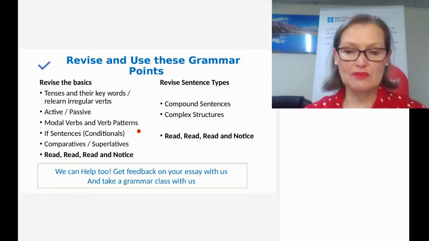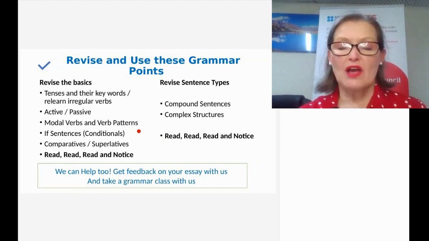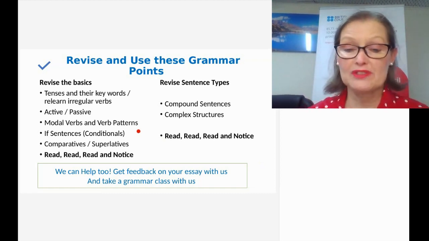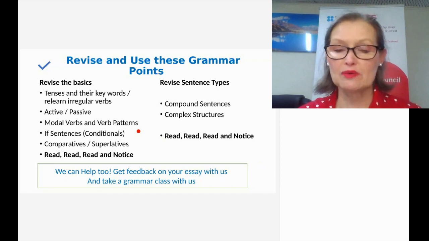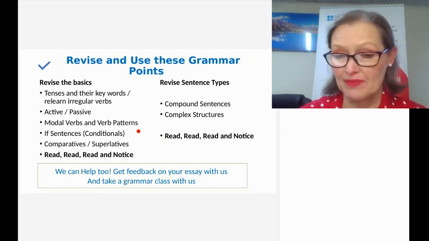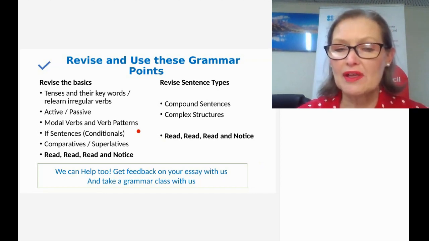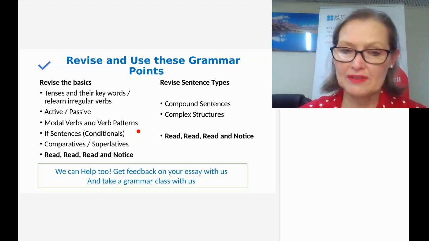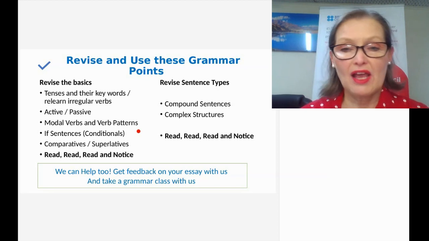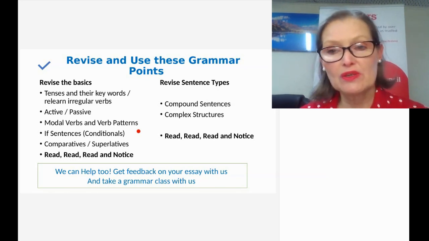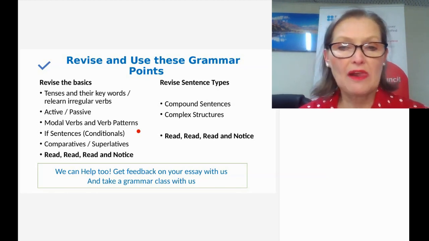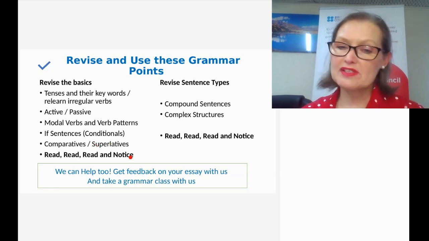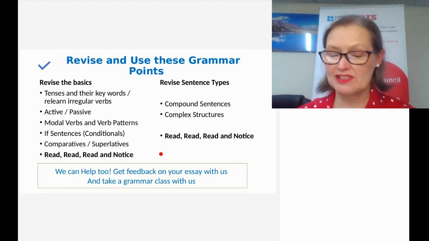So do revise this grammar, revise the tenses, especially those irregular verbs, and know the key words around the meanings. Because remember that this writing is also what I need for my speaking. And my writing part 2 translates into my speaking part 3. So they're very similar in terms of how we have a general discussion.